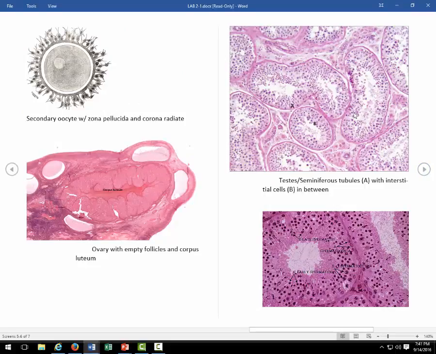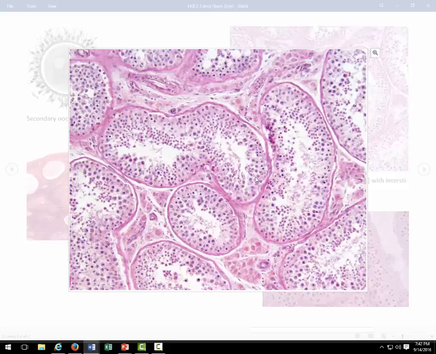So here's a slide of a seminiferous tubule. Out on the edge here, it's on the very edge.